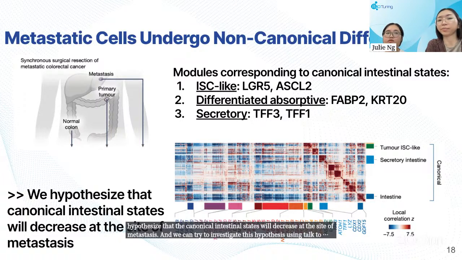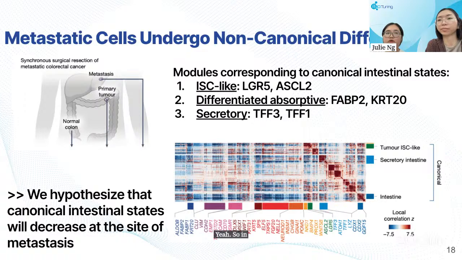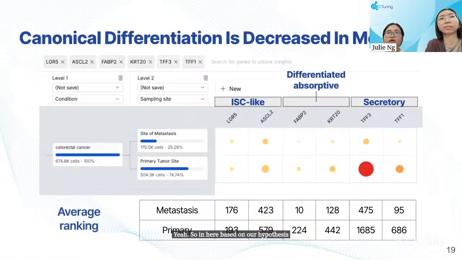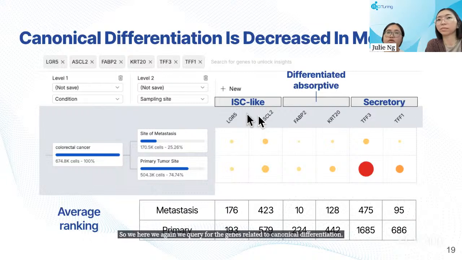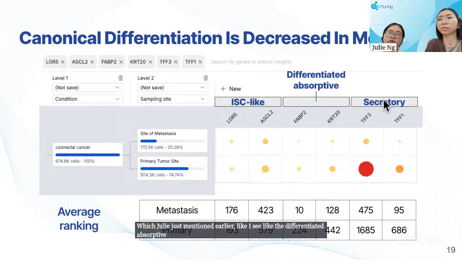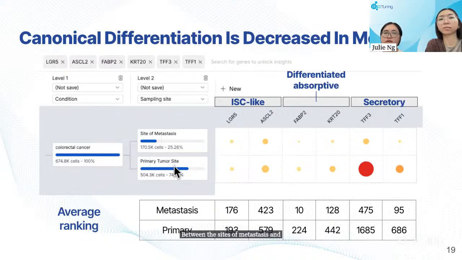So in here, based on our hypothesis, we query for the genes related to canonical differentiation, which Julie just mentioned earlier, like the ISC-like, the differentiated absorptive and the secretory genes, between the site of metastasis and the primary tumor site.